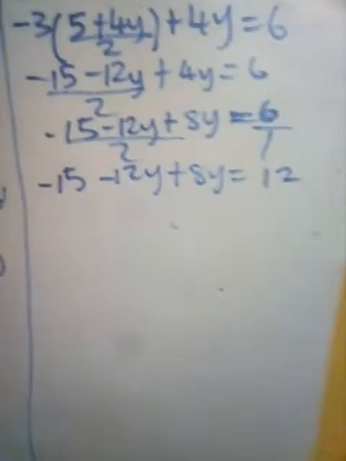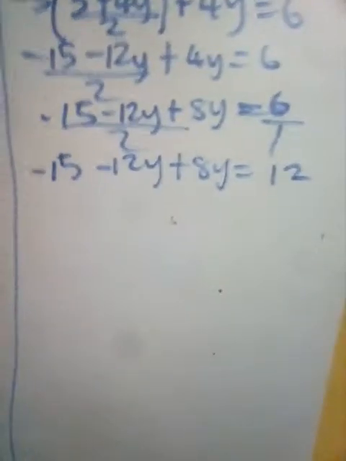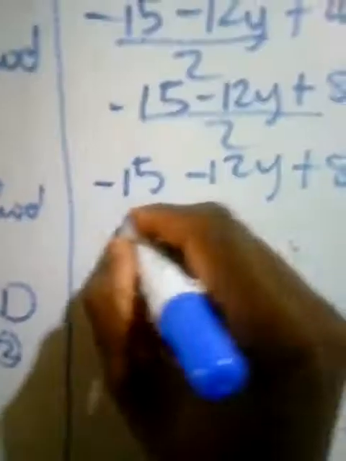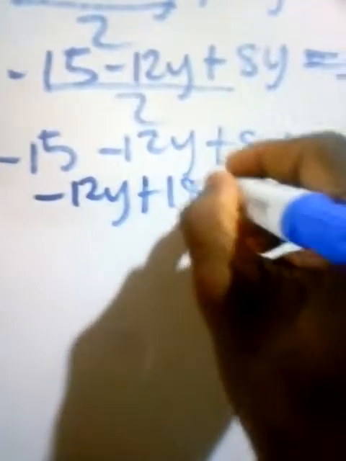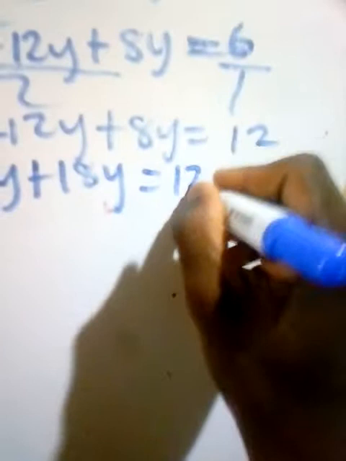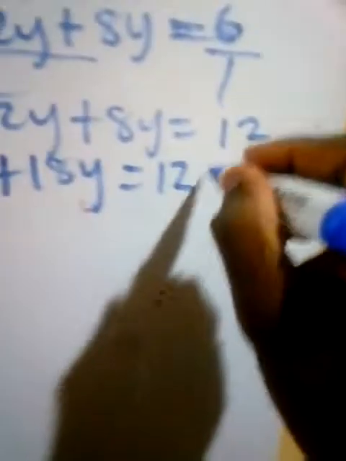Now I will have to collect like terms. I'll move all my y factors to one side and my non-y factors to the other. So this gives me minus 12y plus 8y is equal to 12. I'm moving this 15 over here, that's plus 15.